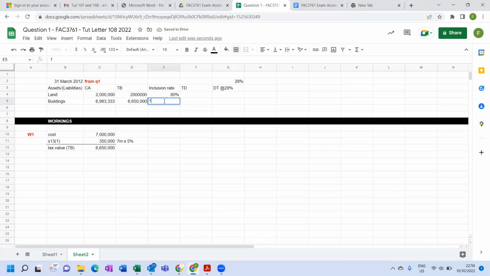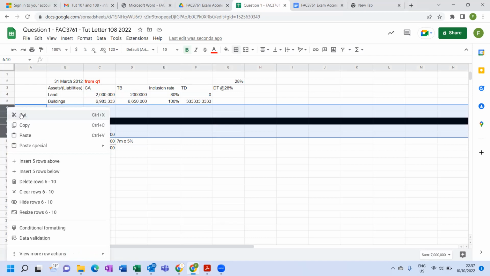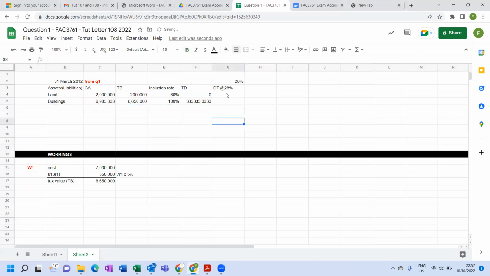The inclusion rate for buildings is 100%. This is a revenue asset, not a capital asset. So my temporary difference is carrying amount minus tax base, multiplied by my inclusion rate. Just so you know what I do over here: if my answer is negative, it is an asset, and if it's positive, it is a liability. That is basically how I think about it.